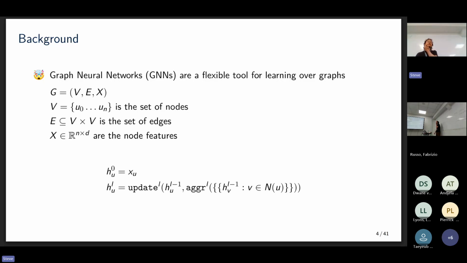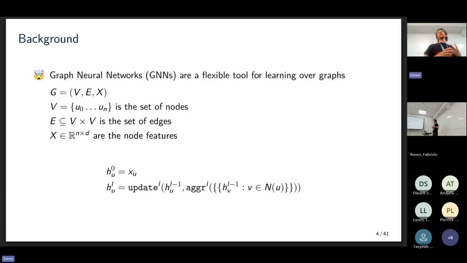And then the standard formulation of a graph neural network is the following recursive rule, where you start the base case by initializing the latent representation of each node to be the input features, and then by updating the representation of each node via the following operations, where you first aggregate all the incoming information from your neighbors.